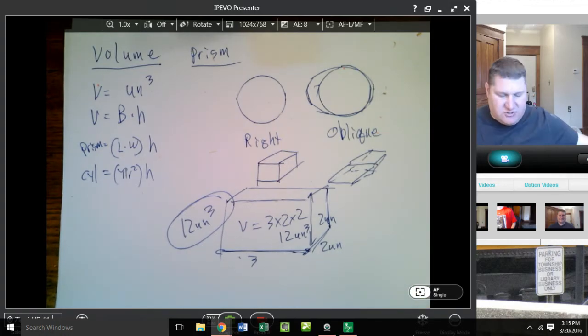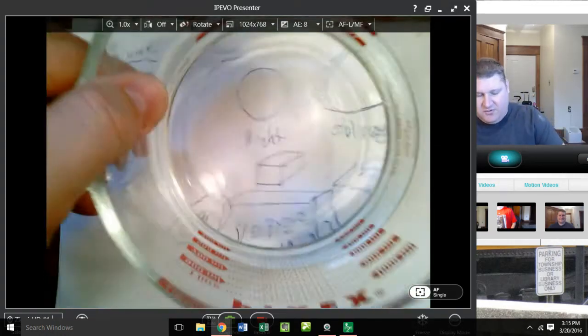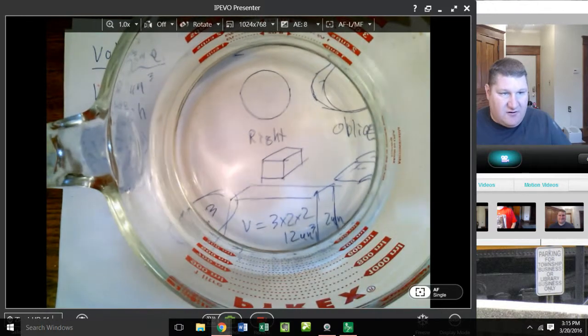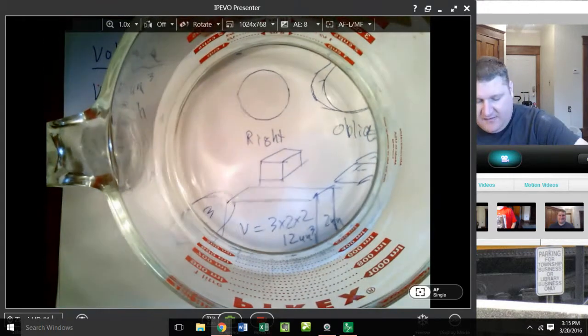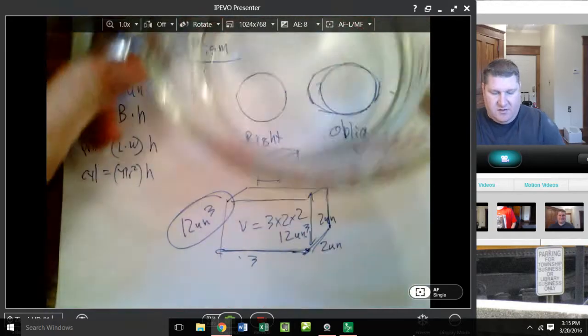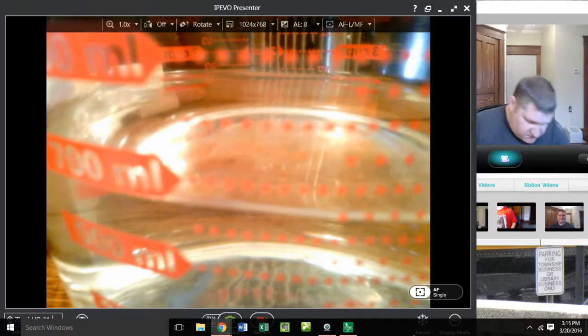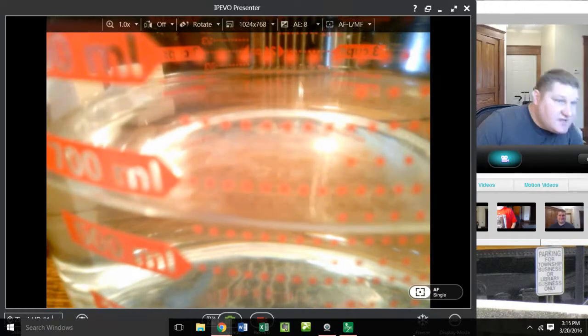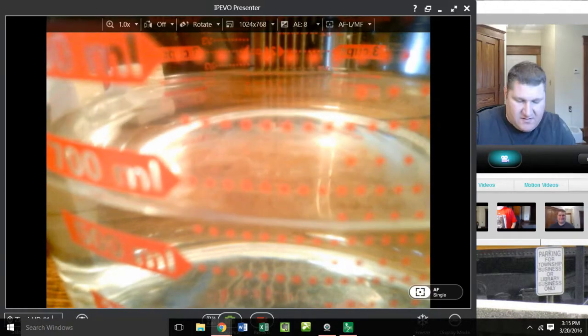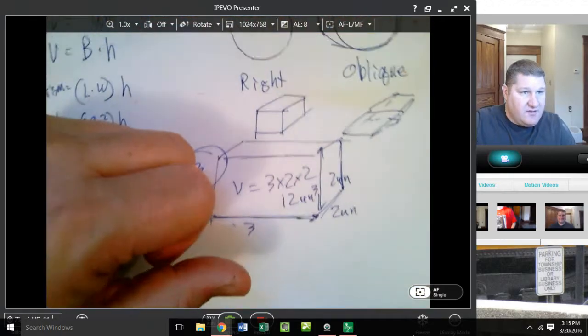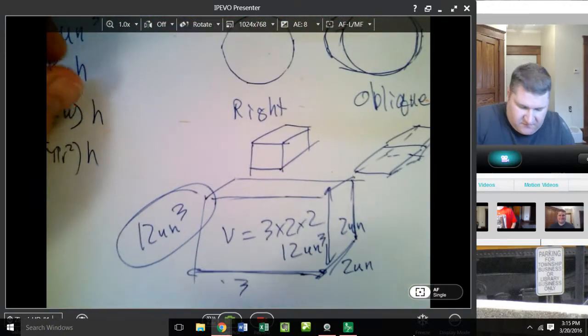Now, remember my measuring container. This is volume. We're going to use this idea here in just a minute. If I take a look at what it's currently measured, my current volume is just between, it's about 650 milliliters. Okay? 650 milliliters.